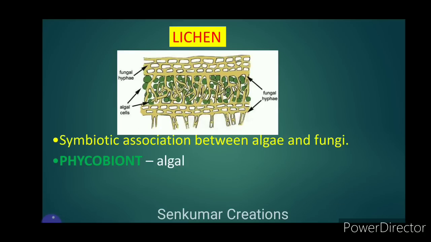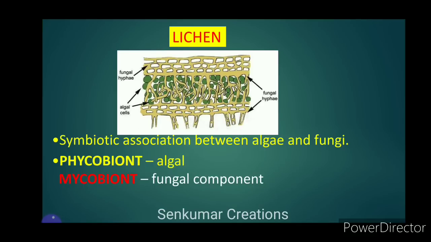Phycobiont is the algae, and mycobiont is the fungal component. These two live together and get benefit from each other: the fungi get food from the algae, and the algae get protection from the fungi. So both organisms get mutual benefit.